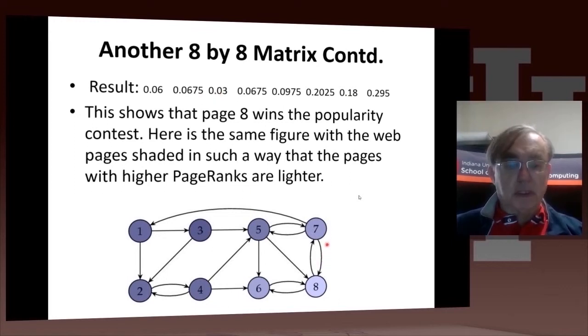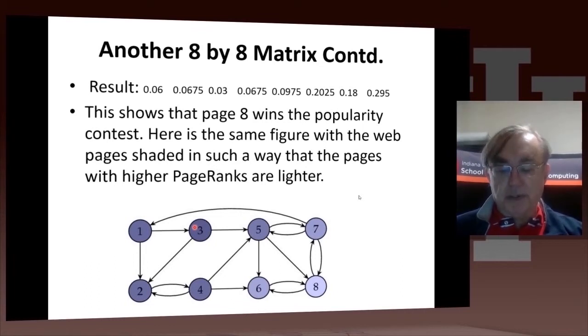And you can actually see here's this graph, and this is a version of the graph with coloring. So the lighter color means you're loved more, and then your page rank is higher. And page 8 is the lightest color, and poor old page 3, that looks like one of my pages, has a very dark color because it's very sad as it was not liked by many people.